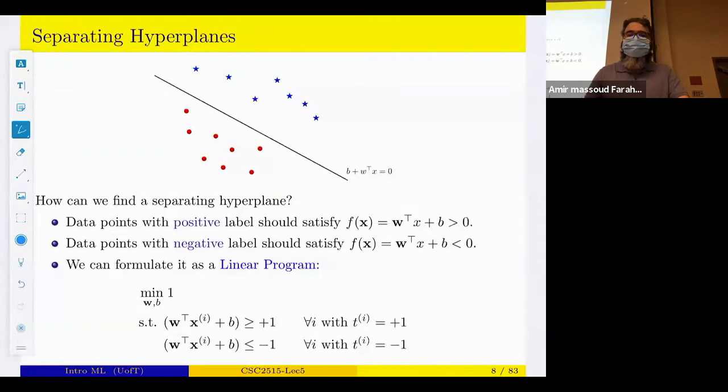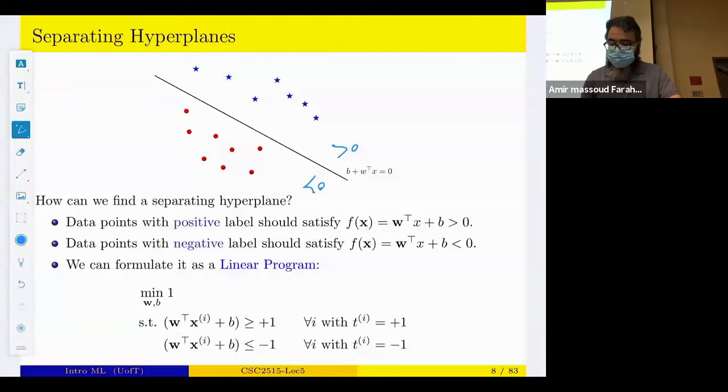Okay, so now knowing this, the question is how we should find a hyperplane that separates the data points. The idea here is that one side is positive, the other side is negative, for that function.